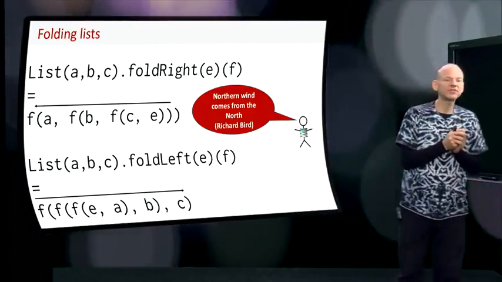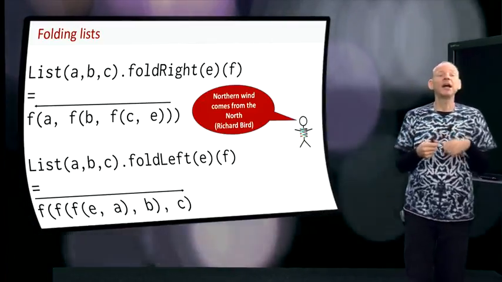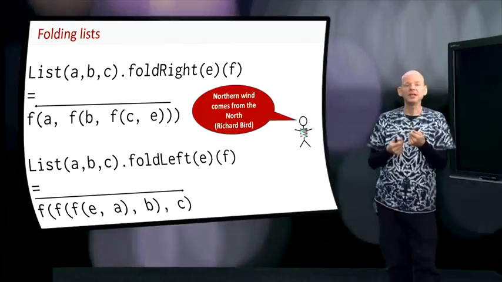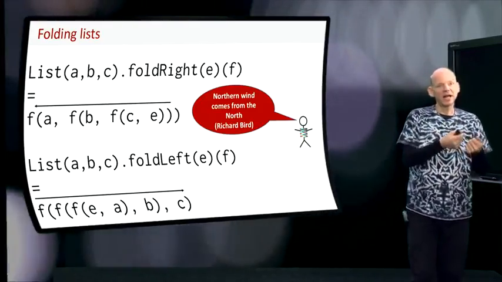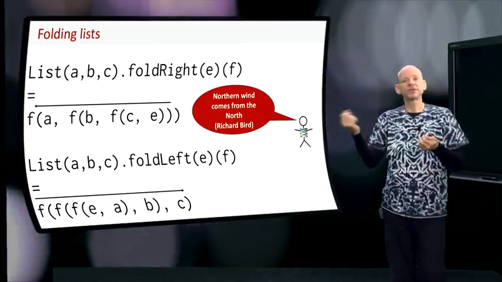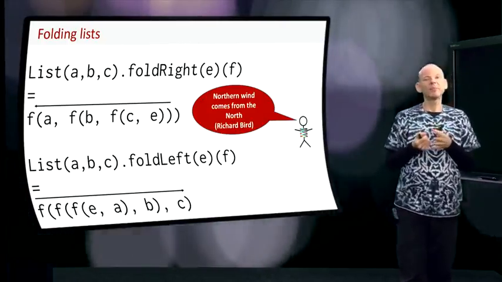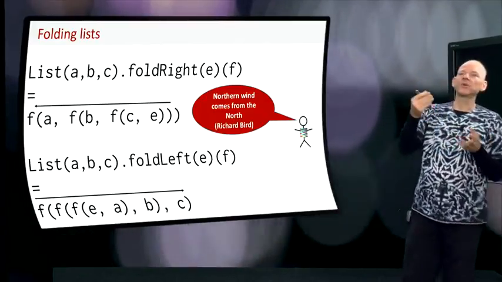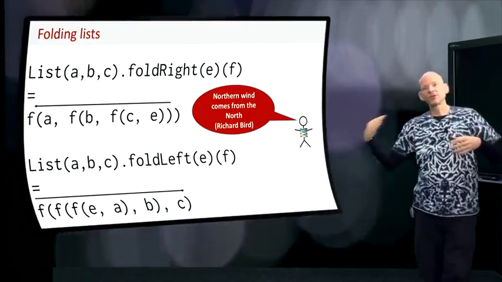Then it goes one step to the left and applies f to b and the result of c and e. Finally it applies f to a and the result of folding from the right. It's easy to remember: just like the northern wind blows from the north, fold right folds from the right.